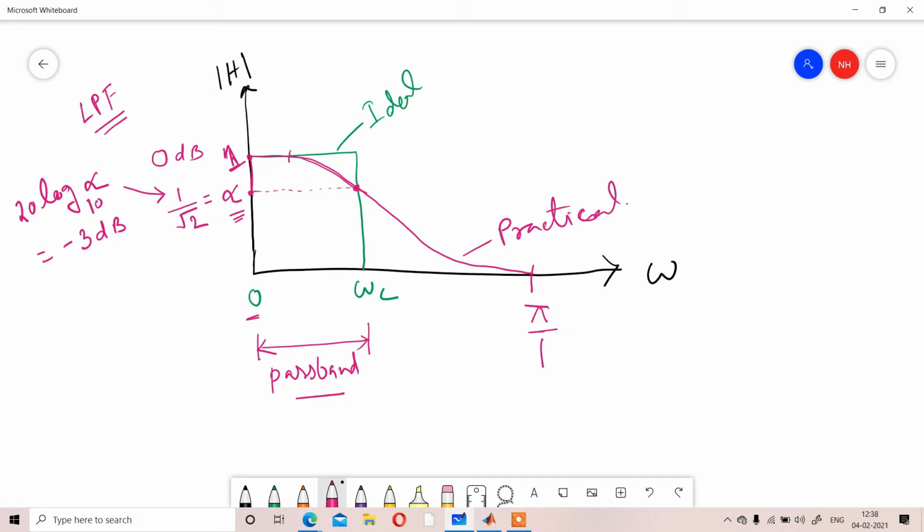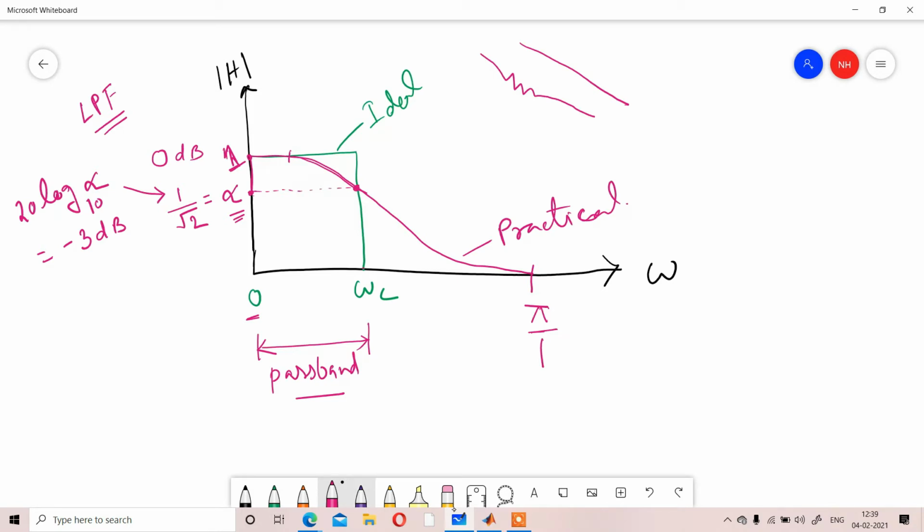Whenever you are designing the filter, you can see that it is monotonically decreasing. Monotonically decreasing means there should not be any spike changes, it is continuously decreasing. That is what is shown here.